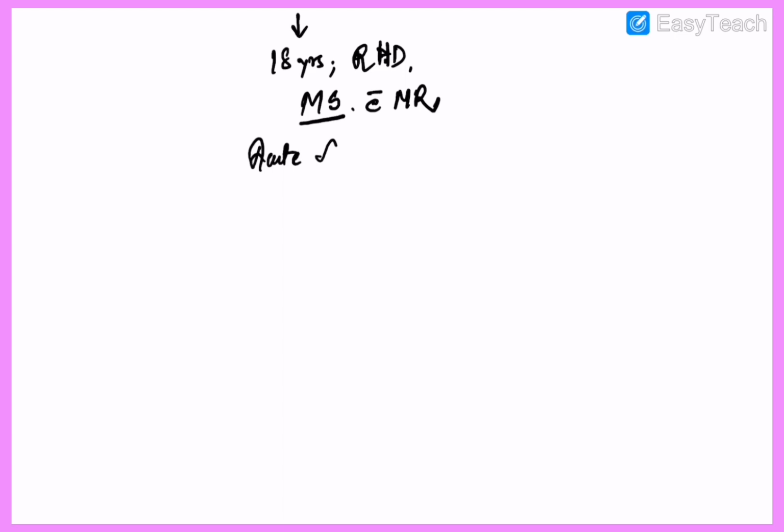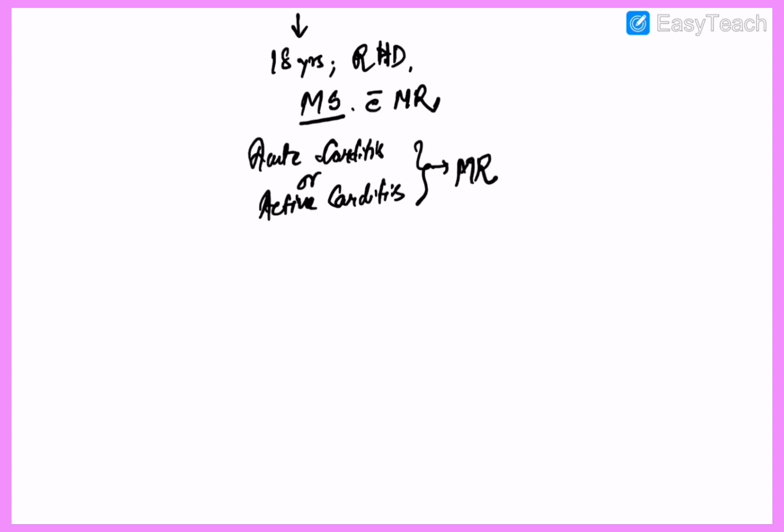When the child grows to 18 years with rheumatic heart disease, it can have mitral stenosis, and sometimes mitral stenosis with MR. Acute carditis occurs in MR, that is mitral regurgitation.